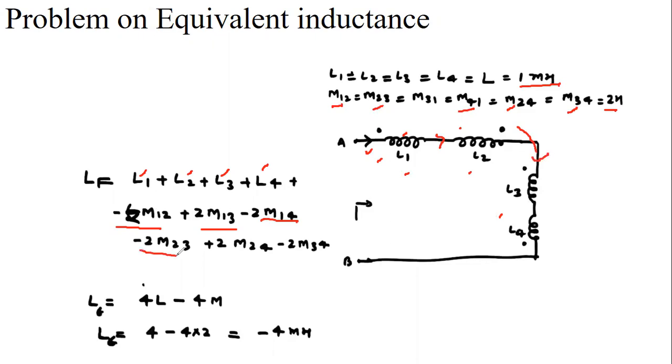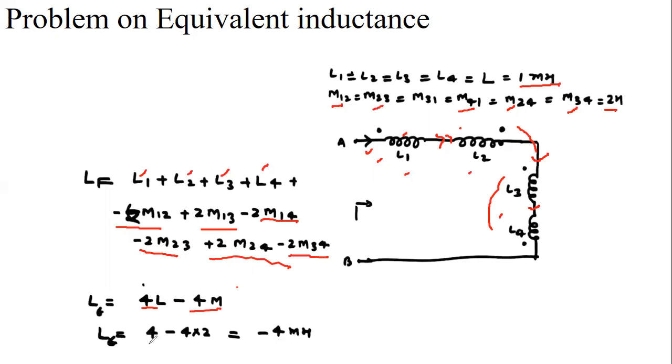So this is minus 2M23. Between 2 and 4, current is entering from the undotted terminal, so this is plus 2M24. Between coils 3 and 4 they are opposing each other, so this is minus 2M34. So the total inductance of the coil is 4L minus 4M, because L1, L2, L3 and L4 are all equal to L, and all M are equal.